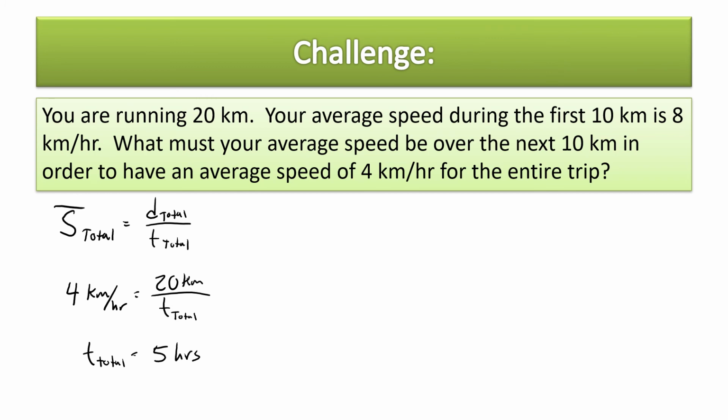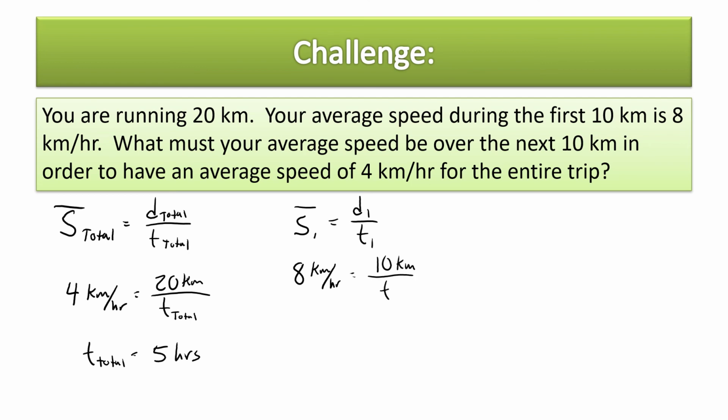Now you know the total time is 5 hours. Let's figure out how much time it took you to go the first 10 kilometers at a rate of 8 kilometers per hour. I'll call that S1, your average speed over the first leg, and you want to know how much time that took. So you were going at 8 kilometers per hour over a distance of 10 kilometers.